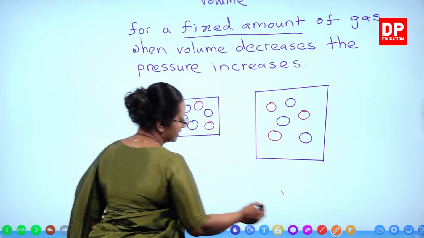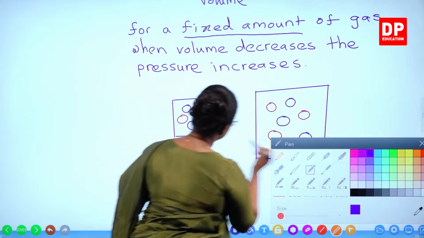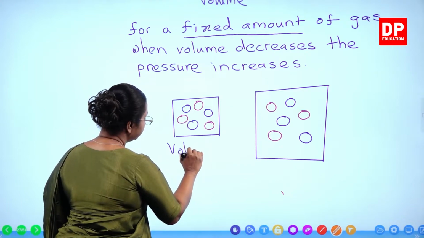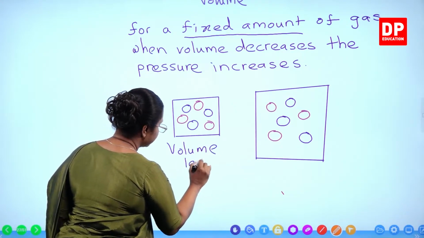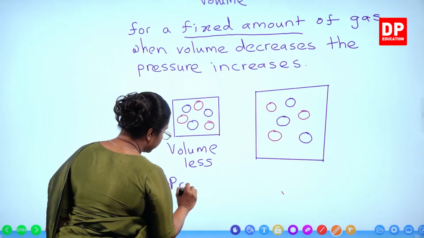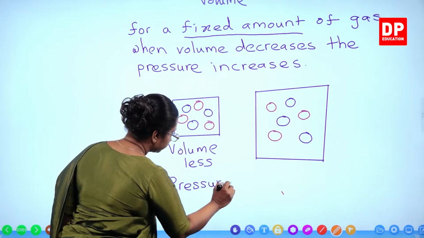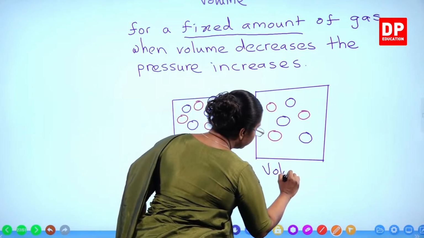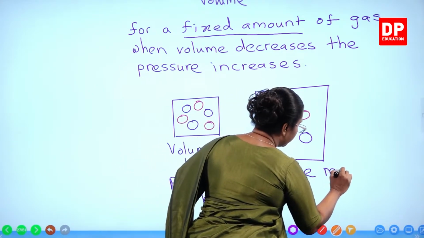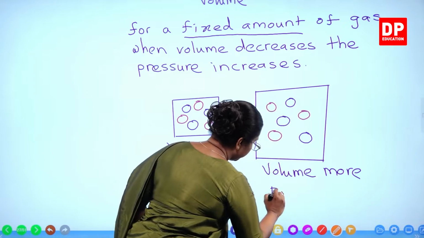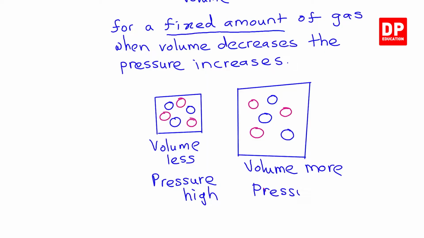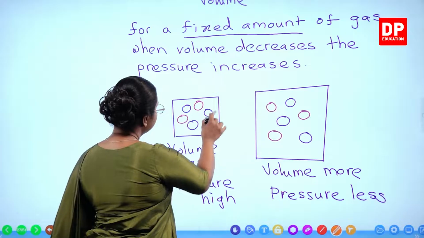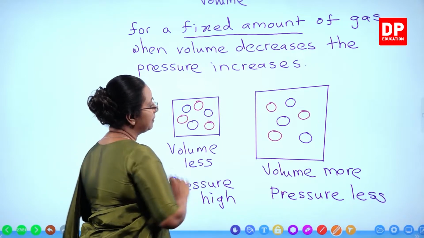Here you can see volume less, pressure high. Here volume more, so pressure less, but the same number of particles. You can see 3 blue colored particles and 3 pink colored particles.